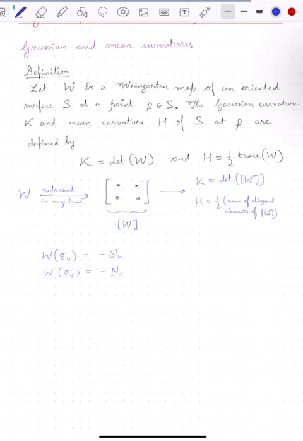So that will also appear as a linear combination of minus n_u and minus n_v. Now, if the n vector changes its sign, then even W changes sign. And this goes hand in hand, right? We cannot separate one from the other in this case.